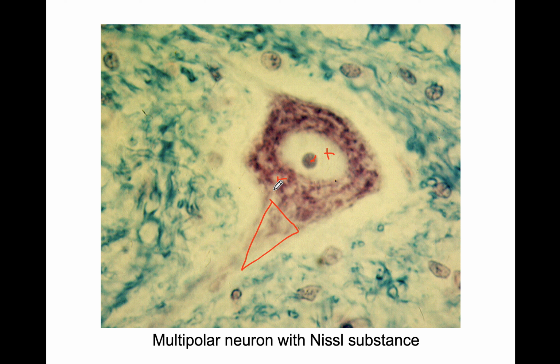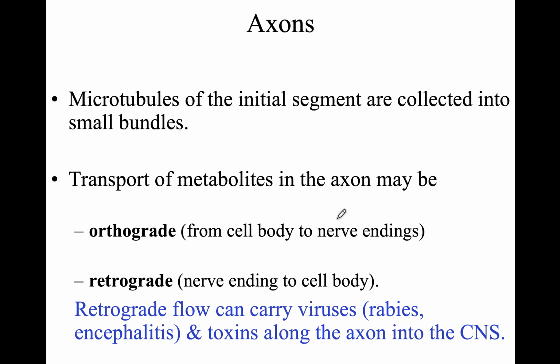This is very important because in retrograde flow, some viruses, for example rabies and encephalitis, and toxins may be transmitted from the periphery of the body toward the cell body, toward the central nervous system. For example, rabies, which happens by the bite of a rabid dog, can cause death in humans and animals if it reaches the central nervous system.